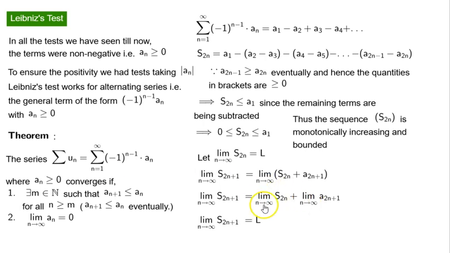Now, this is L and this goes to 0. Remember, we have already shown that the limit as n goes to infinity of a sub n is equal to 0. So the limit of S sub 2n plus 1 is equal to L, which implies that the series minus 1 to the power of n minus 1 times a sub n is convergent.